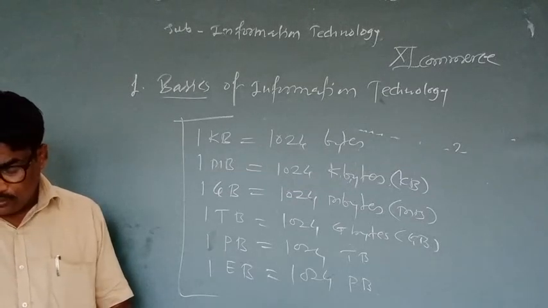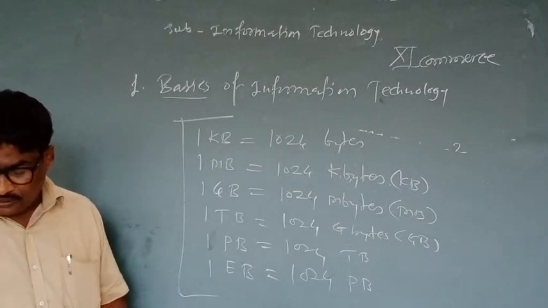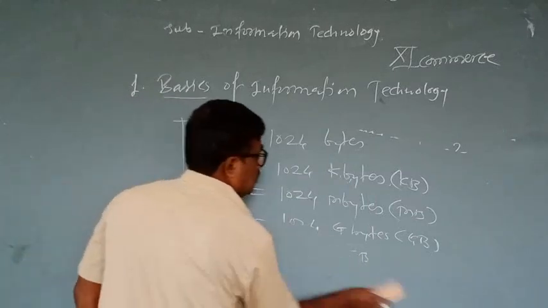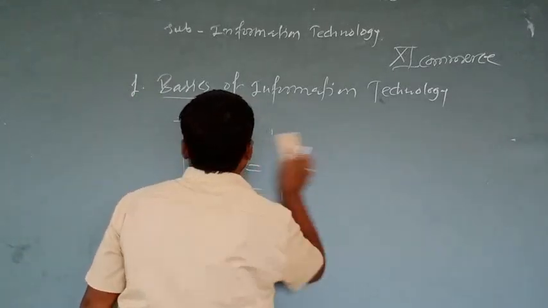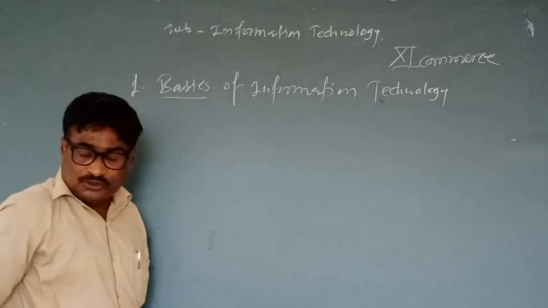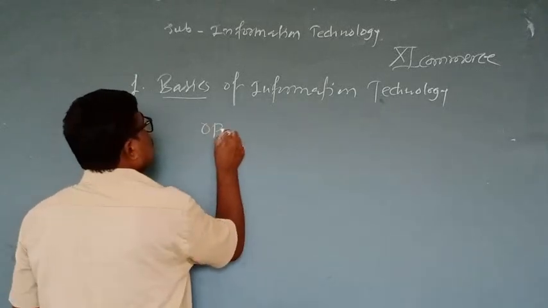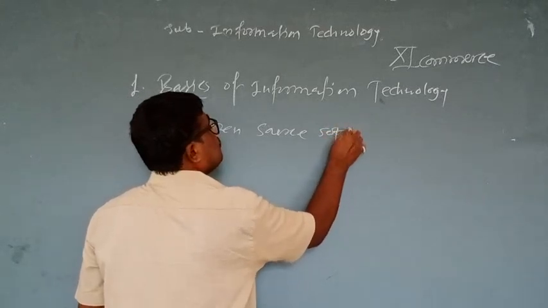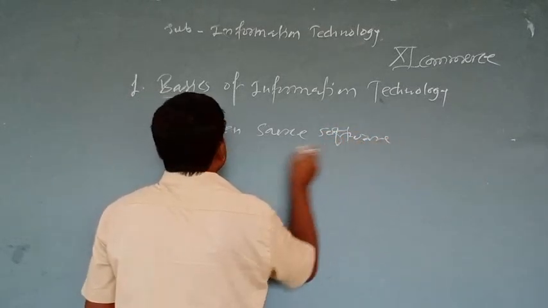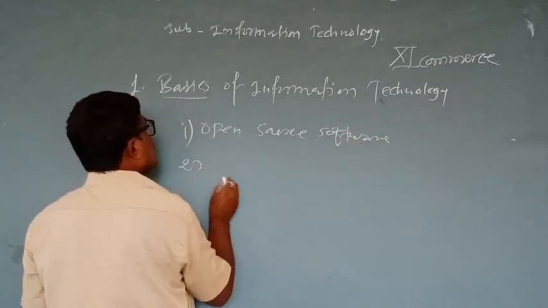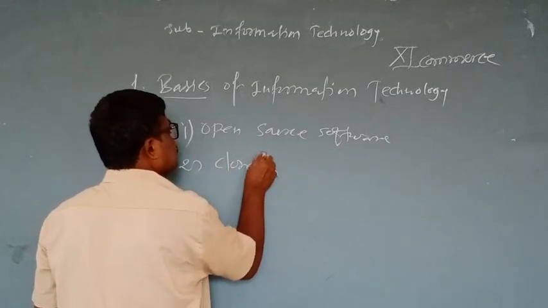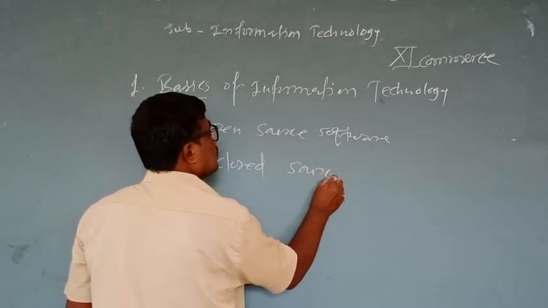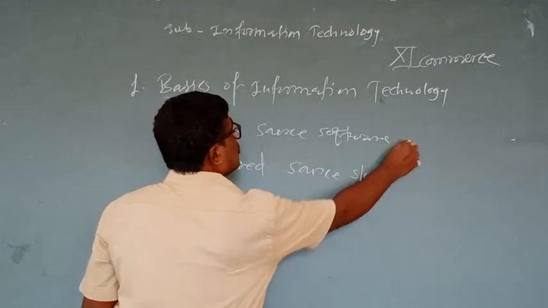Then what is software, what is hardware, what is operating system, and one more part here is open source software and closed source software. In short, lastly we have to study open source software, and second is closed source software. Okay.